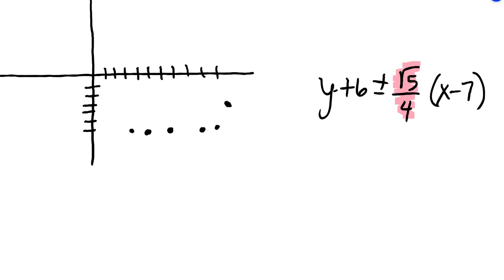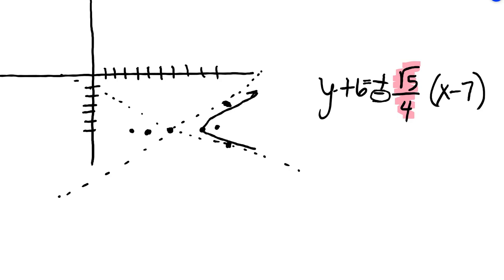That would be approximately about here. And then from the center, I'm going to go down, so that'll take care of the negative. Down 2 and over 4, that would put me about here. And I can sketch out those asymptotes now. And from there, our hyperbola will follow those asymptotes.